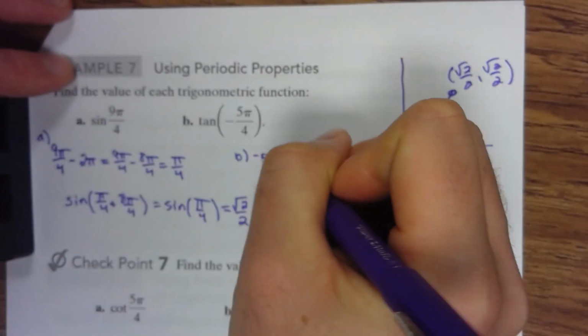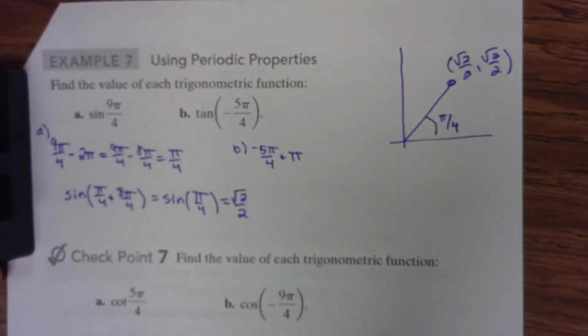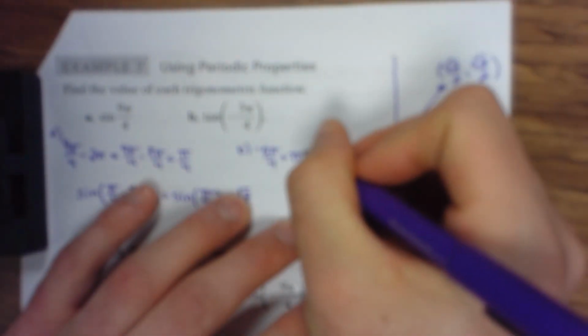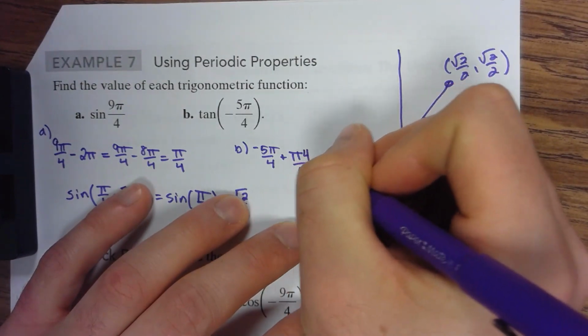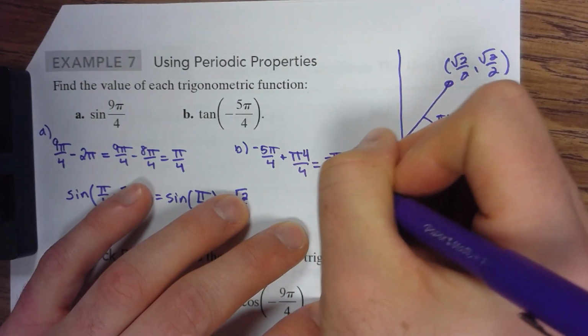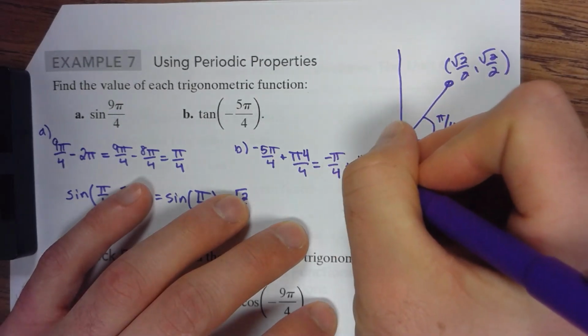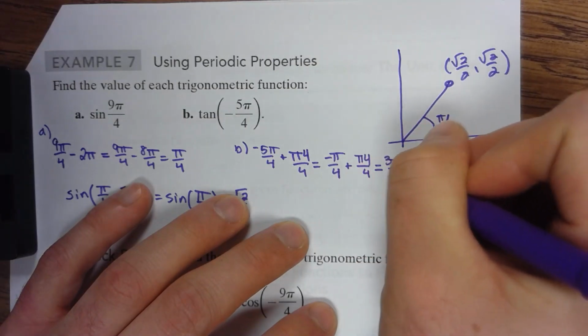In this case, we're going to add pi because tangent repeats every pi radians. We're going to do it until it becomes positive. So I'm going to add 4 pi over 4, which gives negative pi over 4. And I'm going to do that one more time. I'm going to add another pi, or 4 pi over 4, which is 3 pi over 4.